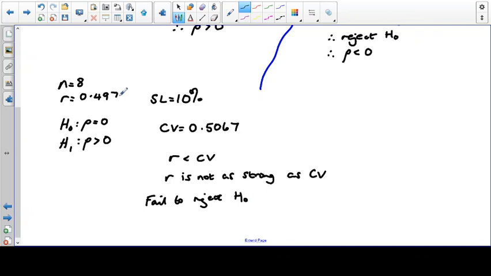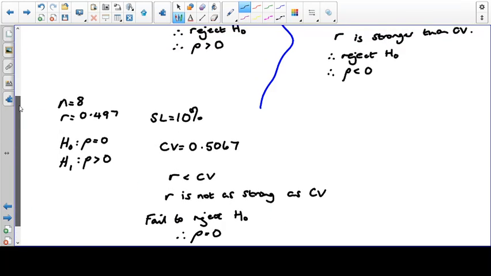Okay, there is not enough evidence based on our PMCC for our sample to suggest that there is positive correlation for the population. So all we can conclude is that rho equals 0. We've failed to reject.